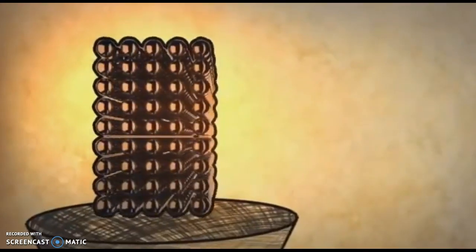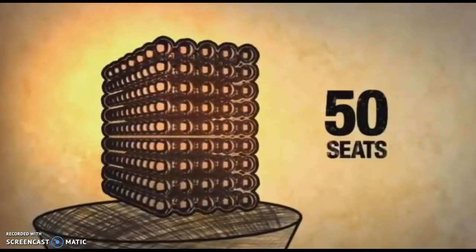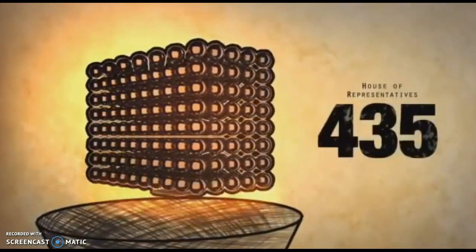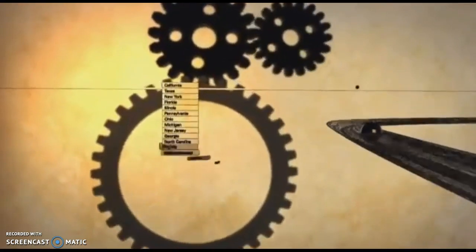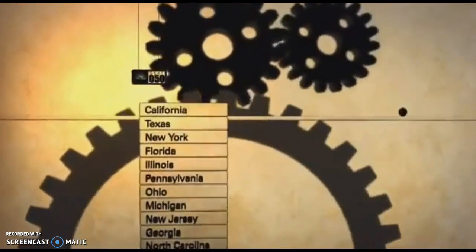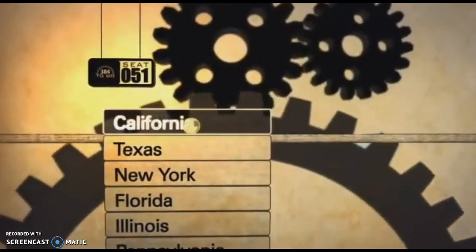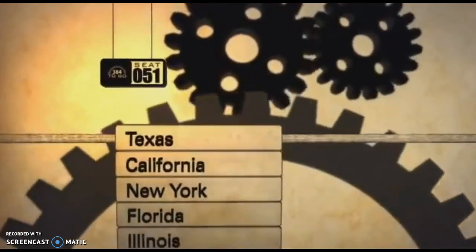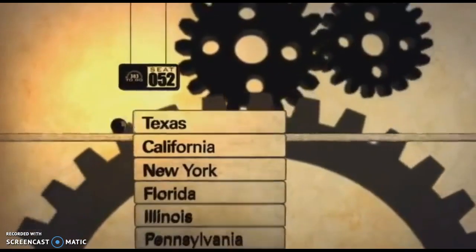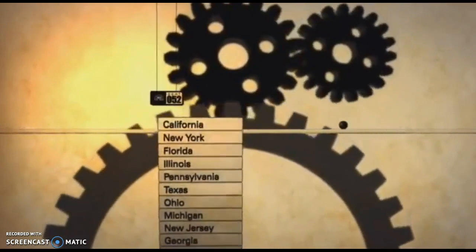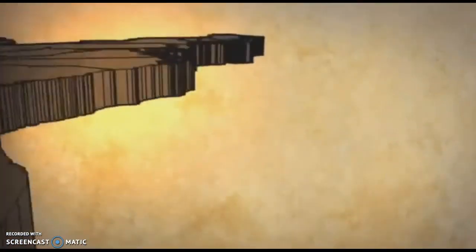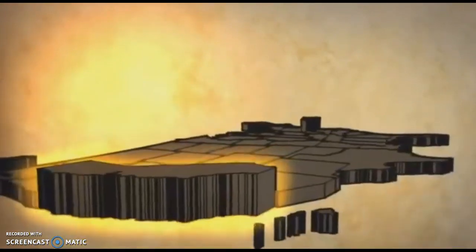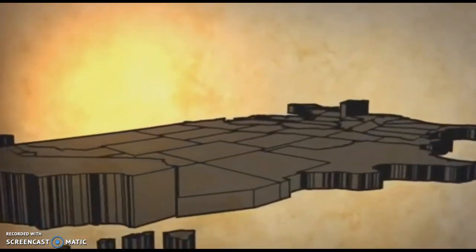First, the Constitution calls for each of the 50 states to have at least one seat. So, subtract 50 from the current House total of 435, and you have 385 seats left. Next, the apportionment machine ranks the states by population according to the census. Then the machine starts giving out seats. After each seat is distributed, the machine re-ranks the remaining states based on the formula, until all seats are distributed. This process ensures that each congressional district from Maryland to California has roughly the same number of people.